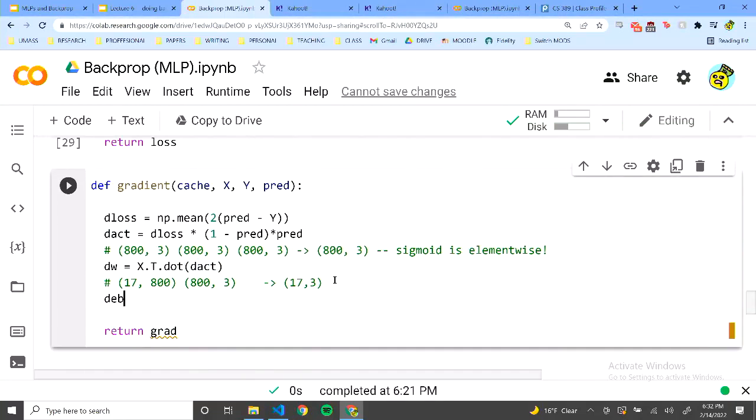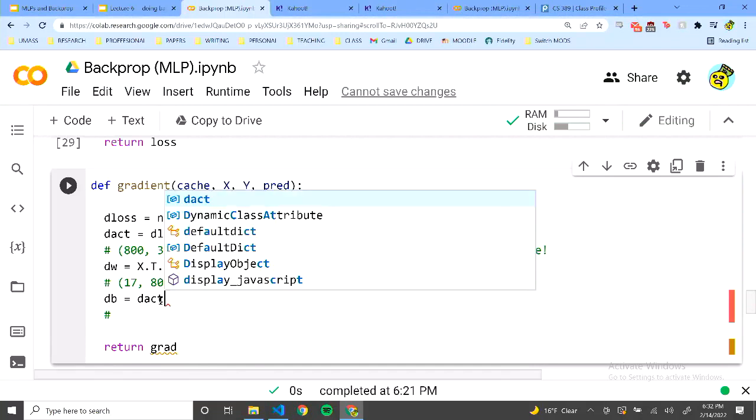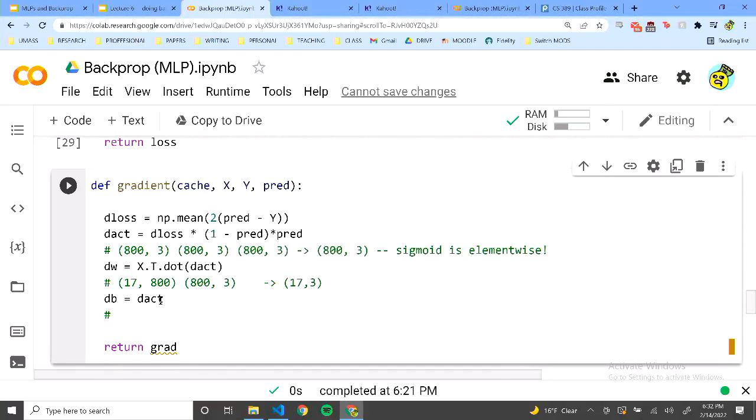What will be our derivative with respect to bias? This one's a bit of a weird one. We know from our math that we are going to have our derivative of activation, and then the derivative of our prediction with respect to our bias, which happens to be 1.